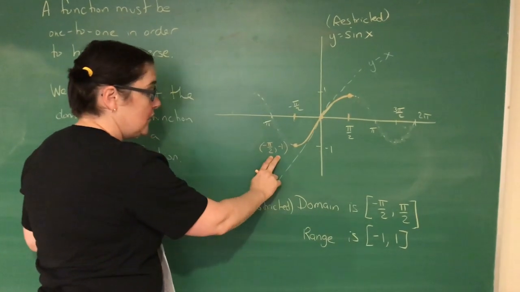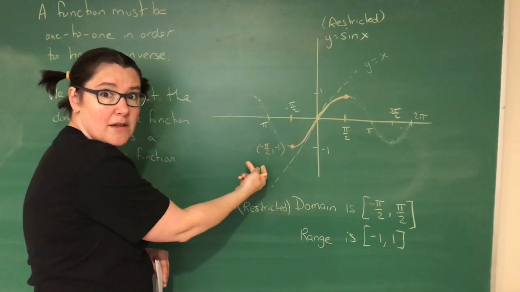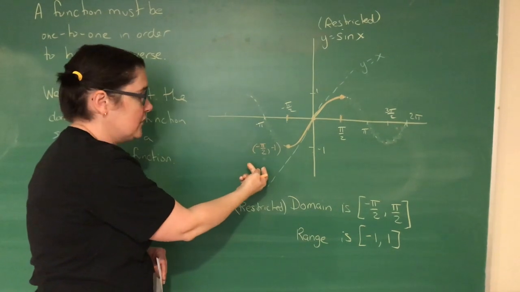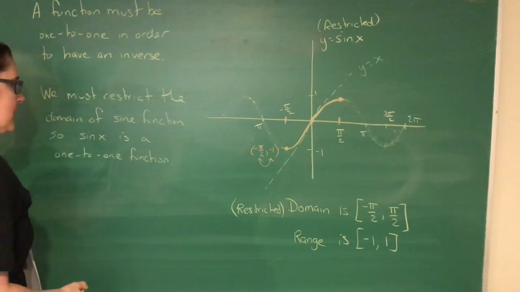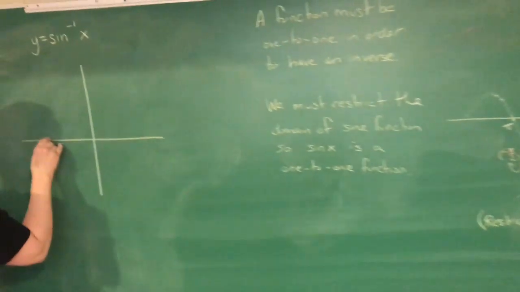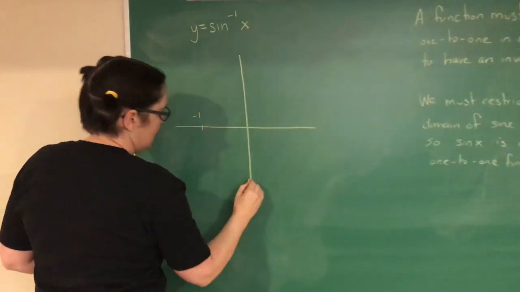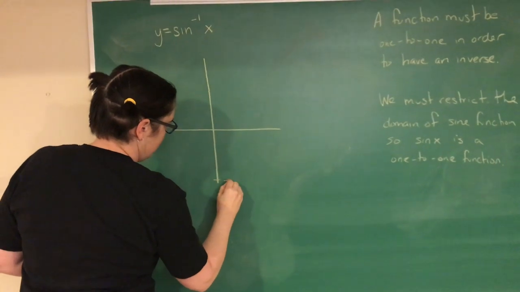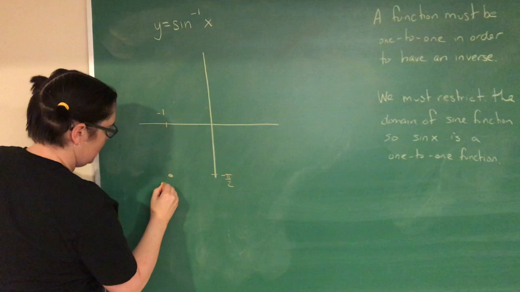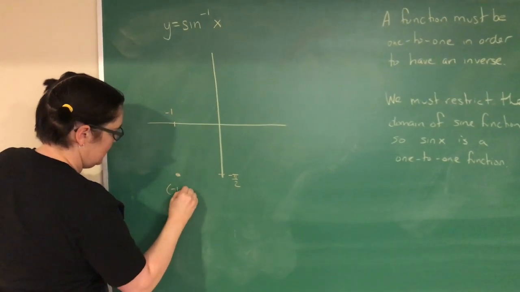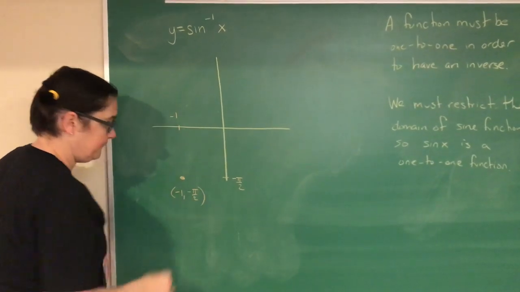When we flip the x's and y's, it becomes a point on our inverse function. Flipping the x and the y, I have negative 1, negative pi over 2. So here's negative 1, and down here is negative pi over 2. One of our points on our graph will be the point negative 1, negative pi over 2.